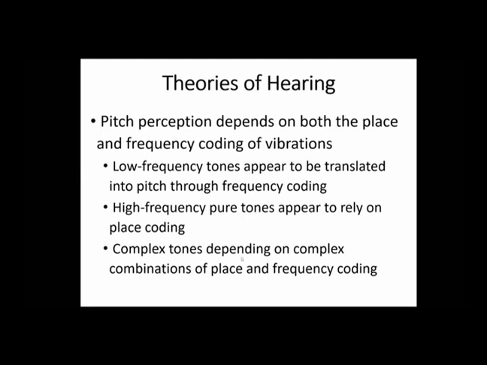Once we run into complex tones, it's a little bit of place theory, a little bit of frequency theory, a little bit of both, and sometimes neither. So as we get further away from pure tones, it gets complicated and messy. So we're keeping to our idyllic idea of low frequency pure tones being frequency coding, and high frequency pure tones being place coding, and we will leave it there.